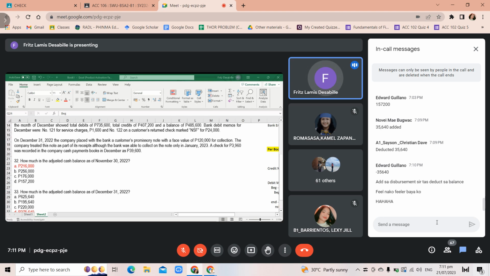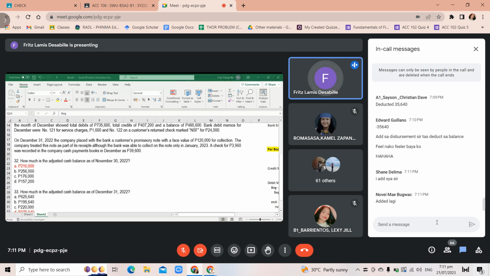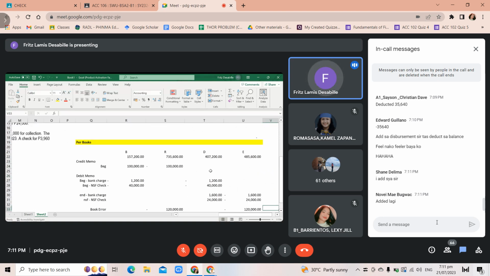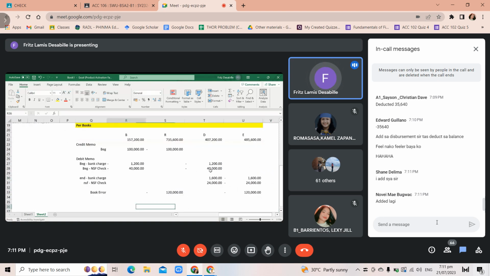Nasubraan ta og record, nasubrahan tag record sa ato ang pagbayad, nasubrahan tag minus. Kung nasubrahan tag minus, unsaon man nato to correct it? Kung nasubrahan tag minus, i-add. Lagi. So added siya guys. 39,600. So book error, butang ko na lang book error ha. Kamo na lang identify kung unsa ni siyang book error. So it is added back.